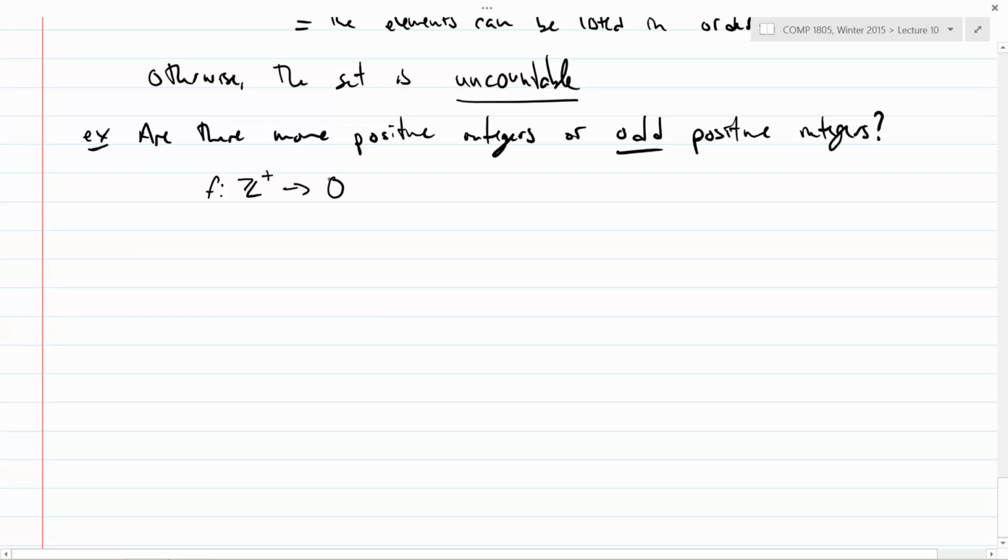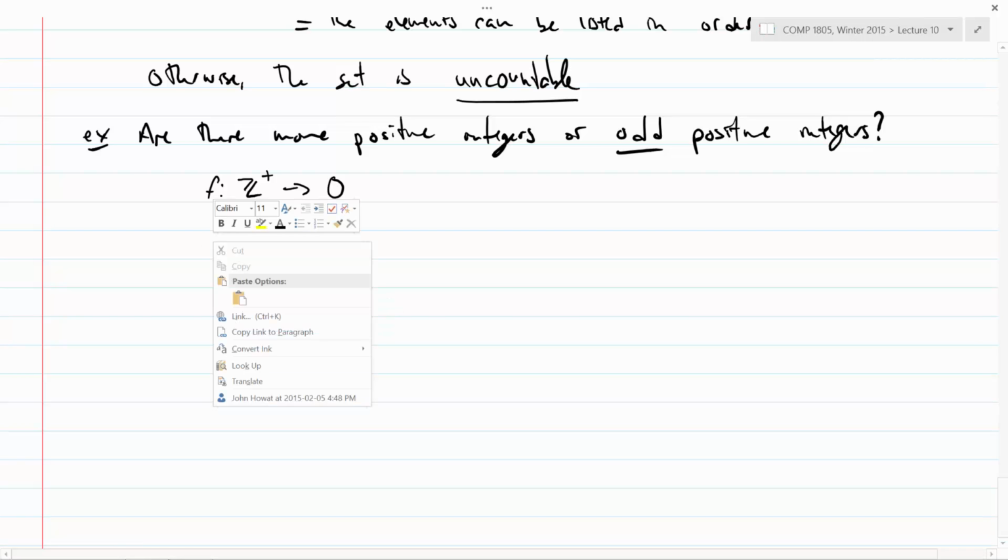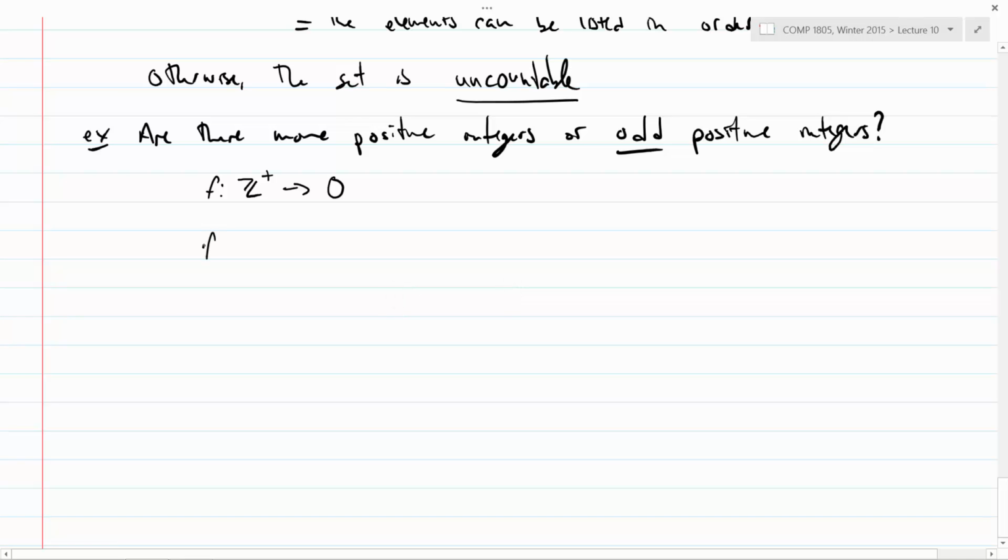All right? Okay, so I claim I wanted to find the function f of n equals 2n minus 1.